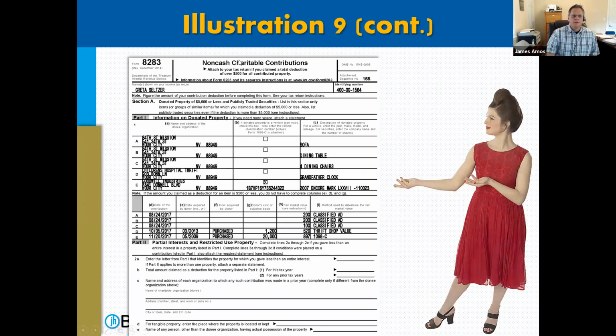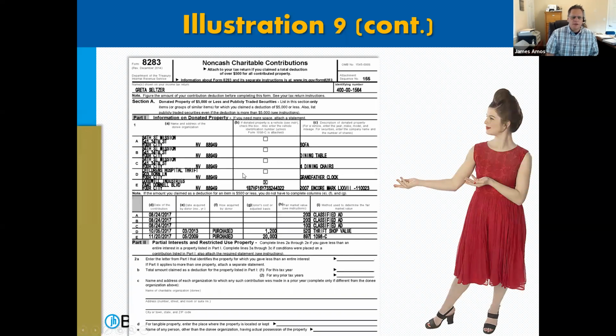When you're doing non-cash charitable contributions, you do this form, the 8283. Do not memorize the number again. Just remember there is a non-cash charitable contributions form you have to fill out where you itemize everything. Remember we said you have to put down where you got the item. So there's the address.